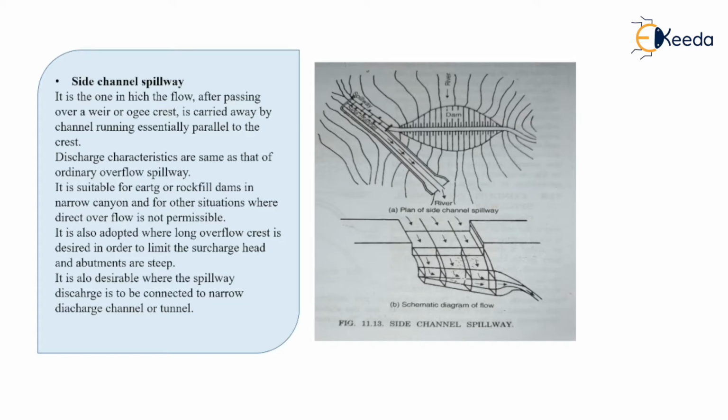Like the shaft spillway, the tunnel spillway, and this side channel spillway, this spillway is located to the sides of your dam structure. It is not constructed along the body of the structure. So yes, we have seen that earthen and rock-filled dams generally require more inspection and more maintenance.